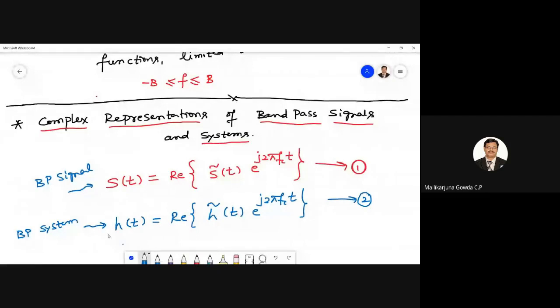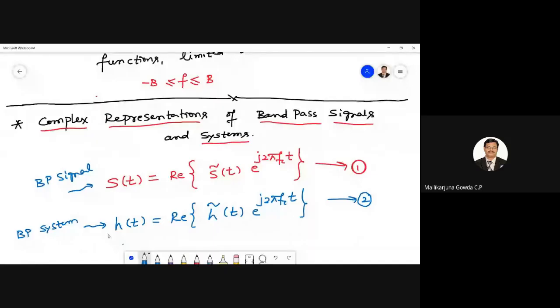In both the equations, s of t and h of t, we have the real part of the tilde function times e power j2 pi fct. What are you observing in both the equations?